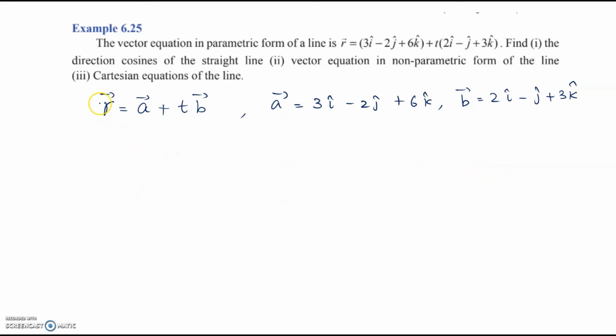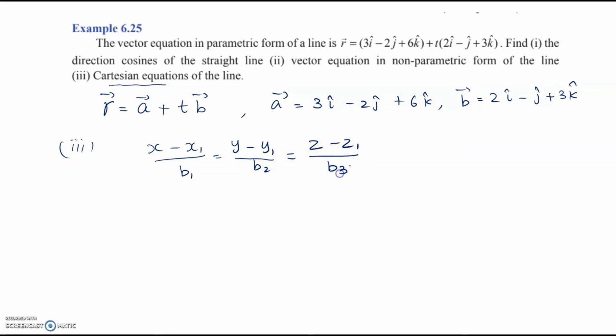Now for the last one, which is the Cartesian equation form. We know that in this form the solution is (x minus x1) by b1 is equal to (y minus y1) by b2 is equal to (z minus z1) by b3.